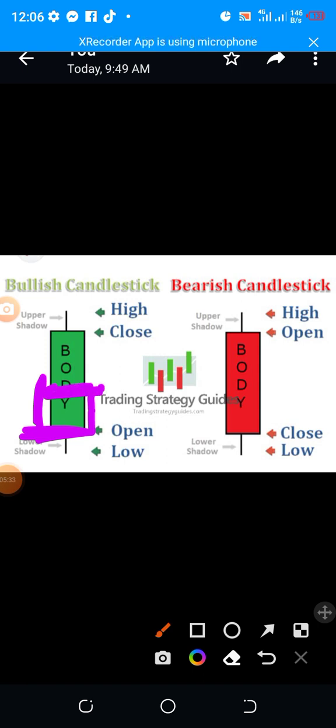When the body reaches this side, that is where the high came, where that wick is. So a candle must have an open, a body, a wick, and a close. This is how a candle is formed.